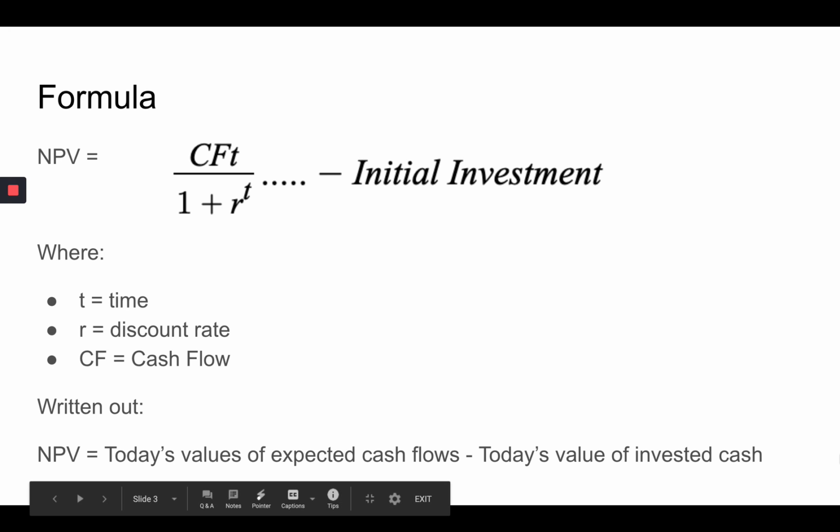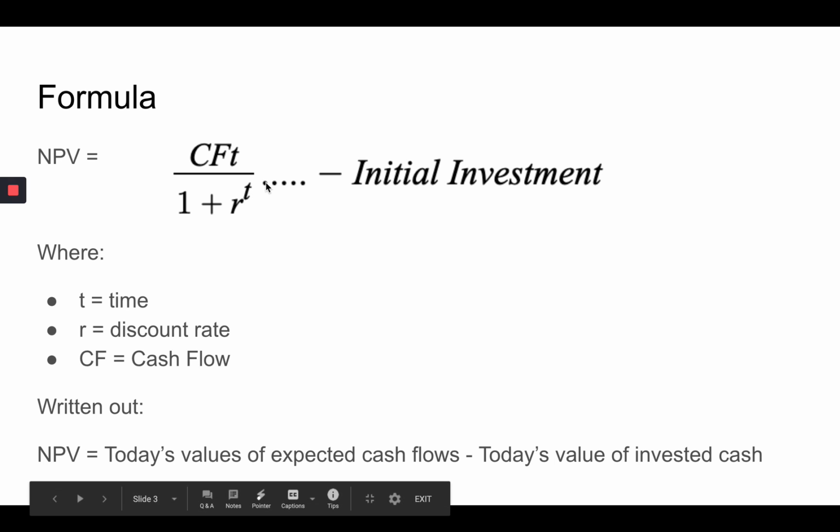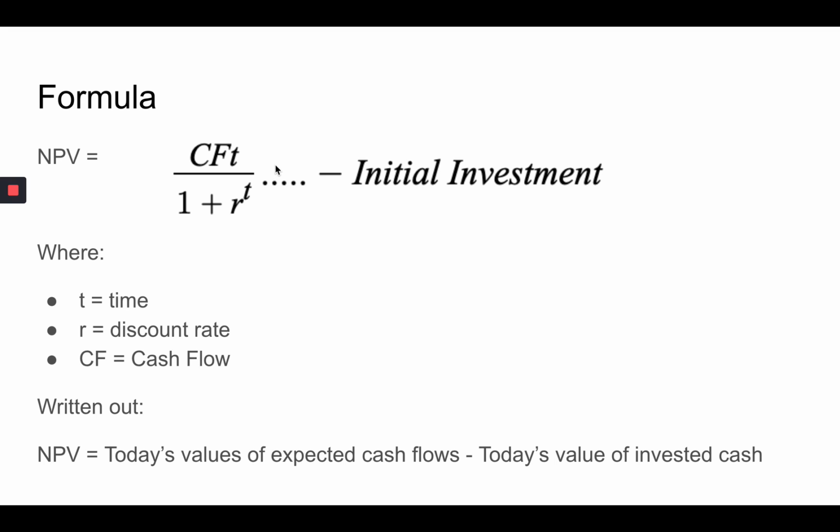So the first thing I like to do when tackling NPV questions is to write out the formula. So NPV equals CF_t over (1 plus r) to the t. And the summation here indicates that you're going to have to add future cash flows together in this same kind of equation format.